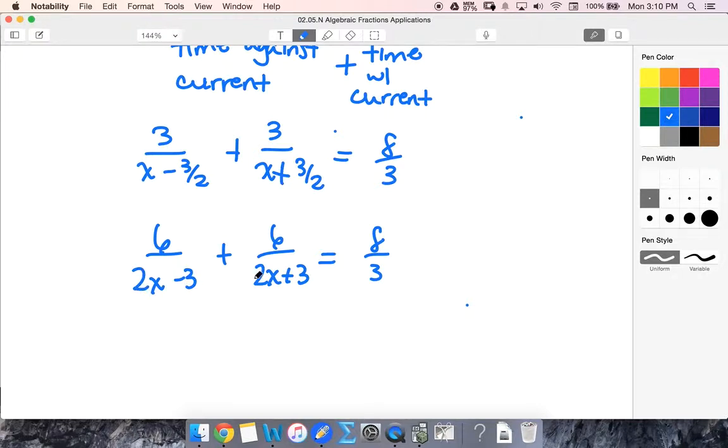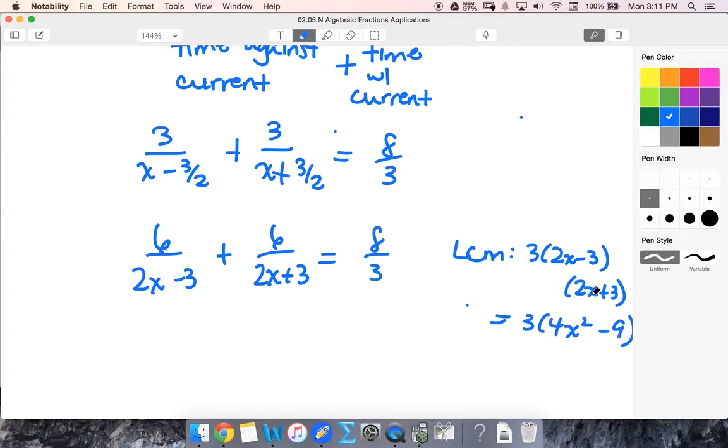These together are going to make 4x squared minus 9. And I have a 3 also. So least common multiple, 3 times 2x minus 3 times 2x plus 3. That's the same as 3 times 4x squared minus 9, because those are differences of squares.